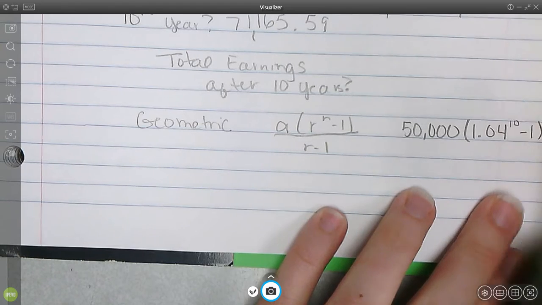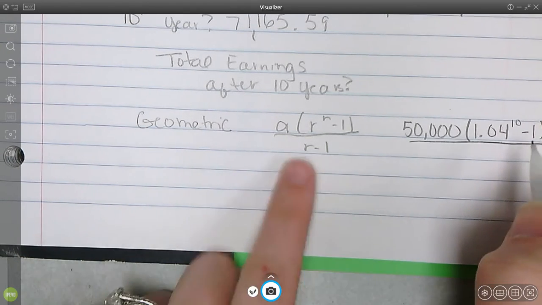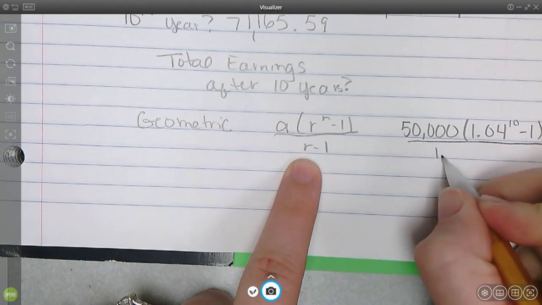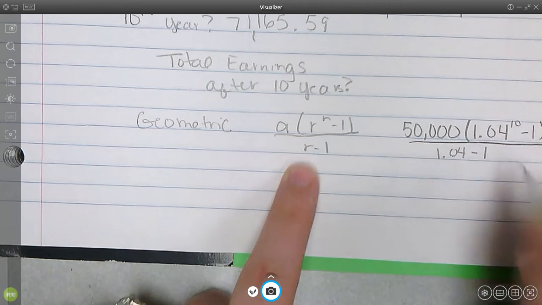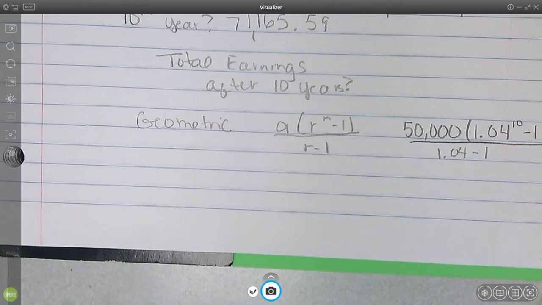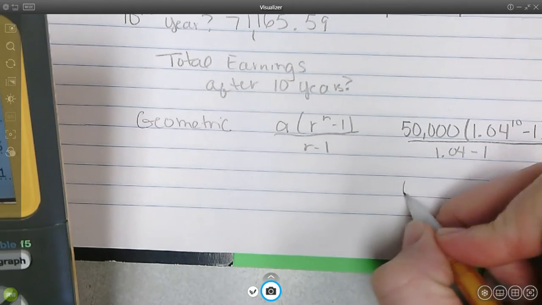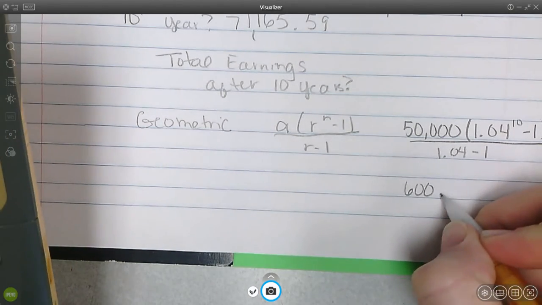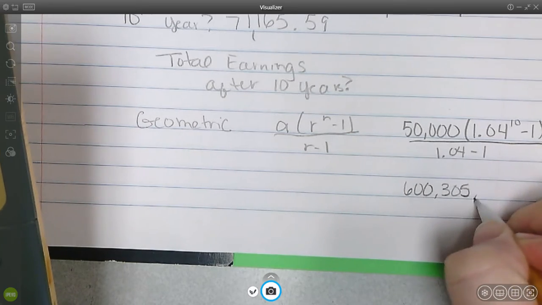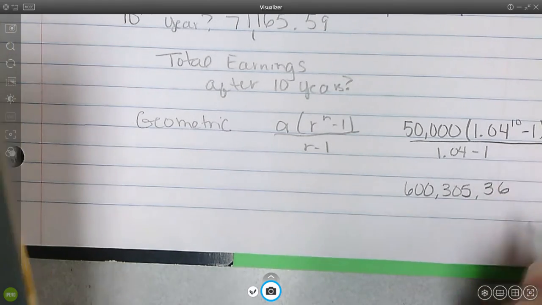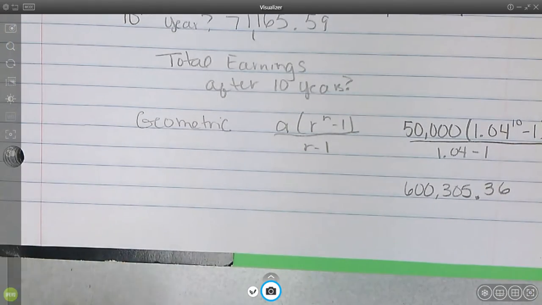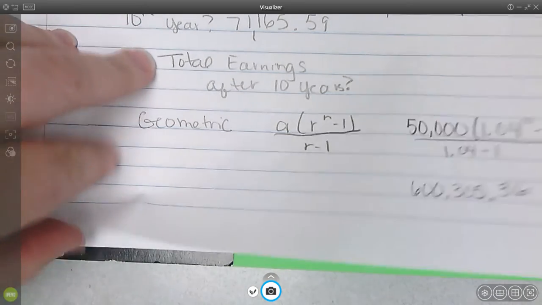Then you have minus 1 divided by 1.04 minus 1. If you type that into your calculator, you get $600,305.36. Okay, the next problem.